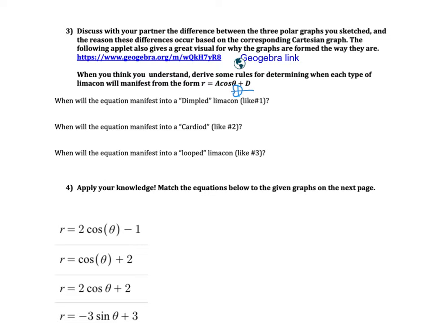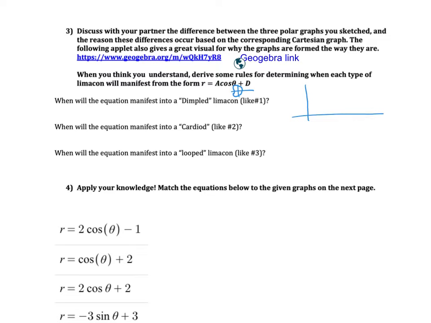So there are some rules, but I'm not a huge fan of memorizing the rules because I think it's easy to forget them. So what I like to do if I'm facing a problem like this is make a sketch of the graph in the Cartesian plane.